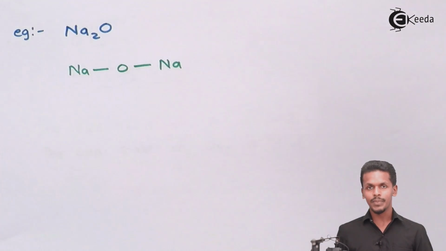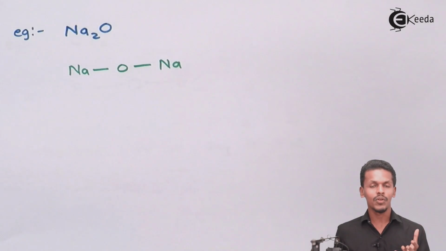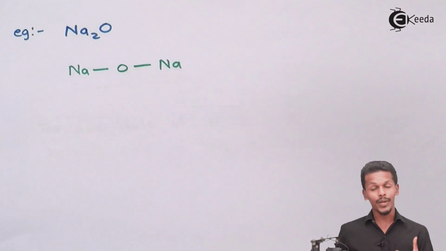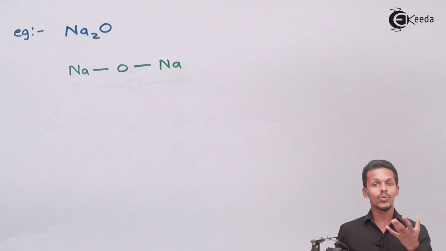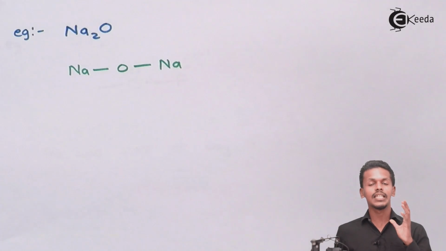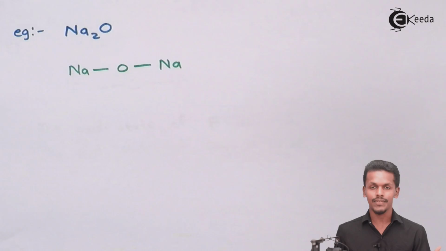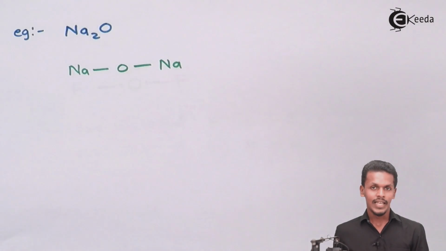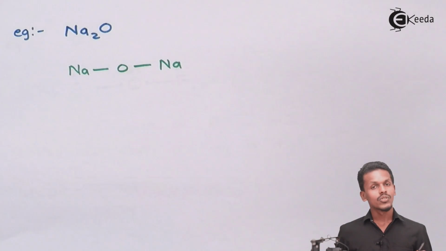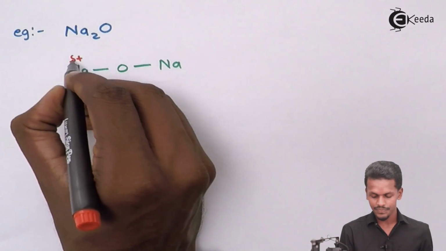So this sodium oxide consists of 2 sodiums and 1 oxygen. Moreover, we know that oxygen belongs to the P block and is electronegative compared to sodium, and sodium belongs to the S block, and S block consists of elements which are electropositive, or which have the tendency to lose electrons. So if sodium is losing an electron, it will acquire a partially positive charge.